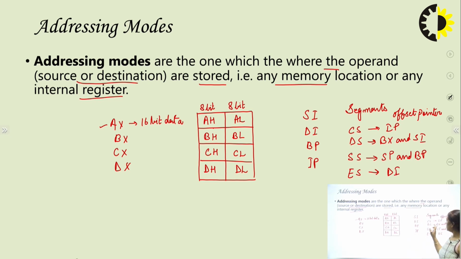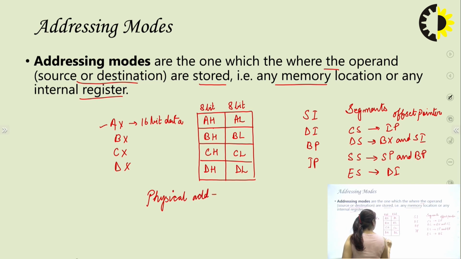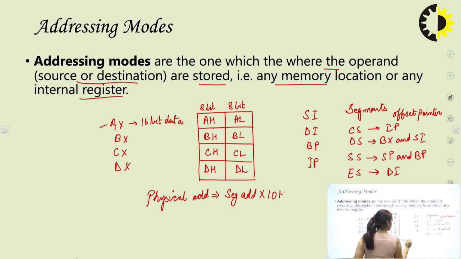So these index registers, these offset registers, are used to calculate the physical address, and we have already seen the formula: physical address equals segment address multiplied by 10H plus the offset address.